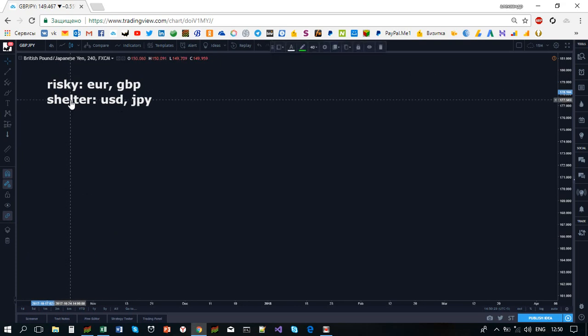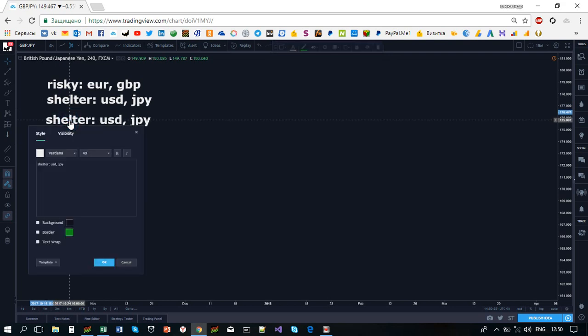Okay, and the third category of currencies is called commodity currencies. And they are AUD, they are NZD, and they are Canadian, for example. So the major pairs are listed here.